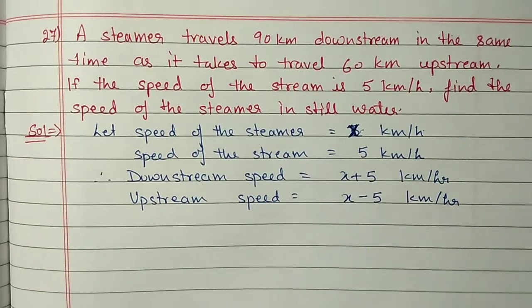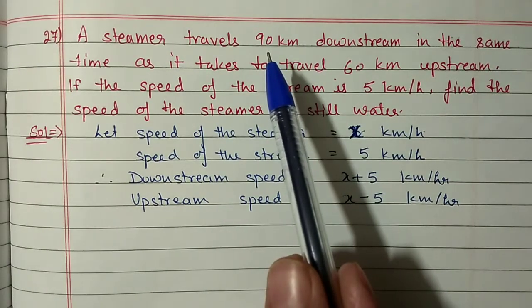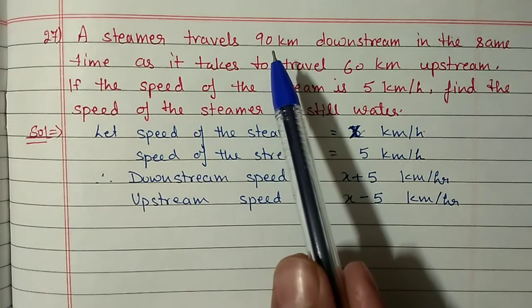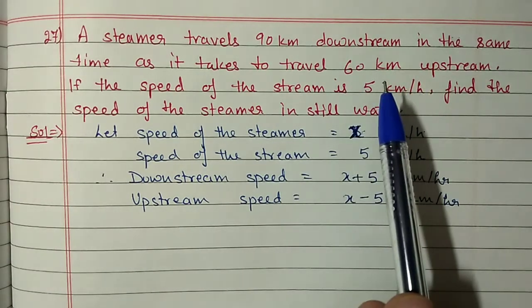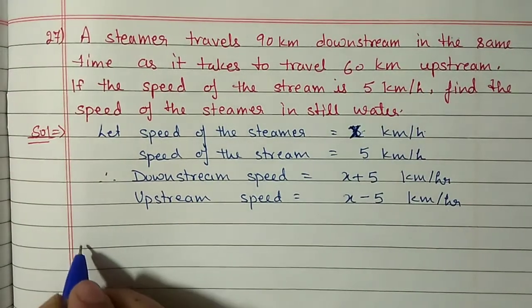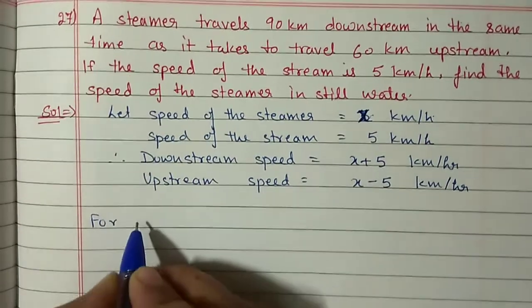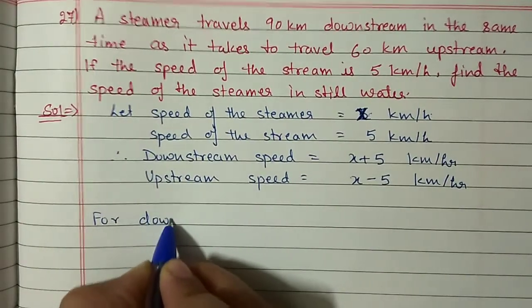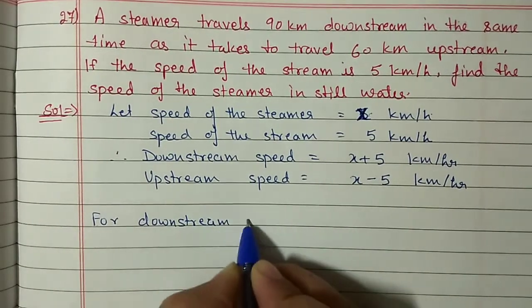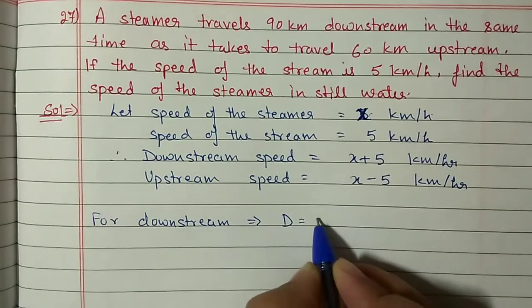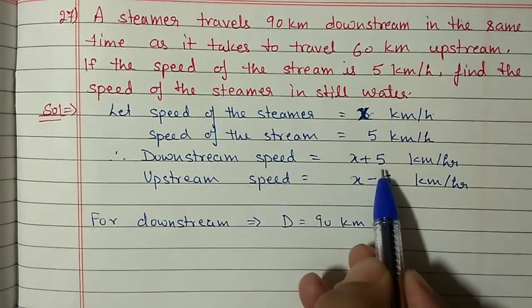Now they have given when it travels downstream, in that case it will travel 90 km, and for upstream it is traveling 60 km. So for downstream, distance is given 90 km and speed is x plus 5.